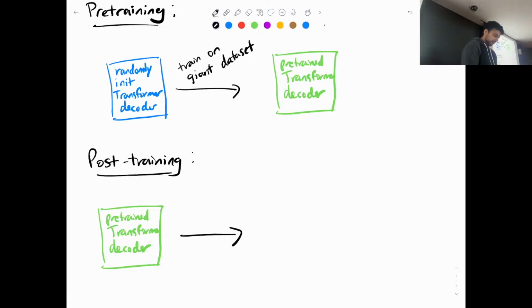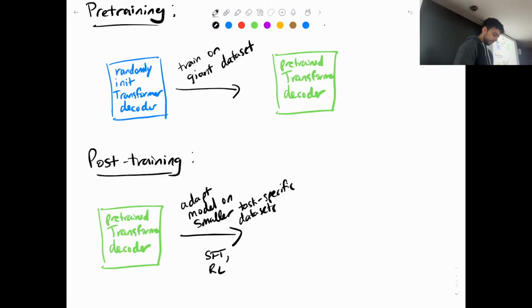And now there are many different methods by which we use a smaller data set, or I could say adapt the model on smaller task-specific data sets. So we could use things like supervised fine-tuning, reinforcement learning algorithms that will basically take a much smaller data set.